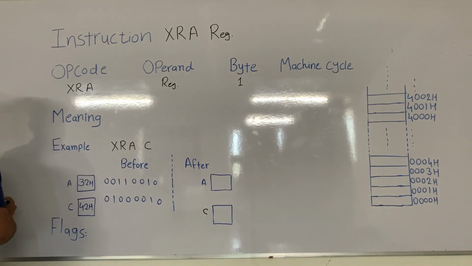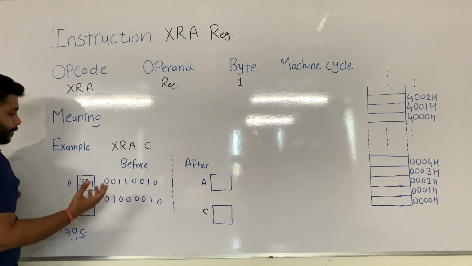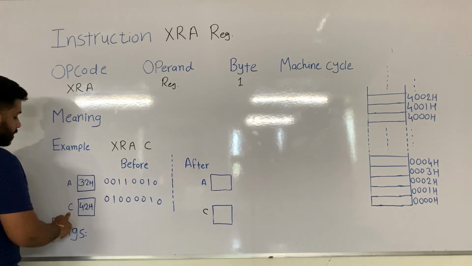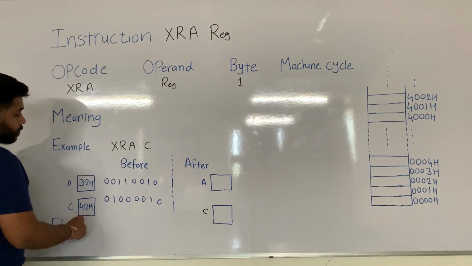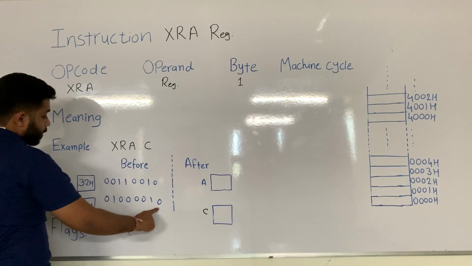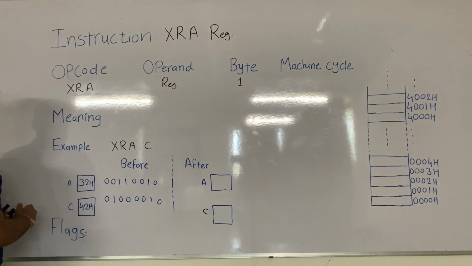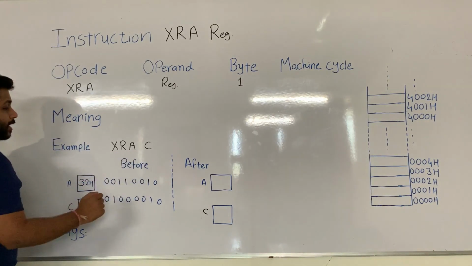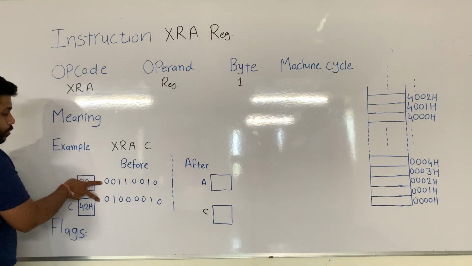Before the execution, you can see that A and C registers contain some data. A contains 32H, it means in hexadecimal, and C contains 42H. I have also represented these two numbers in binary. So when we perform XRA C, the logical XOR will be performed between these two numbers.